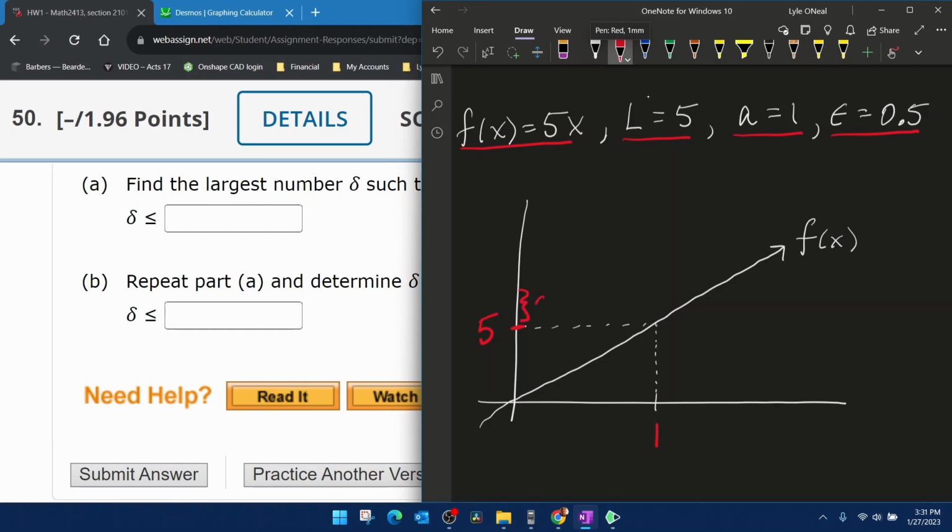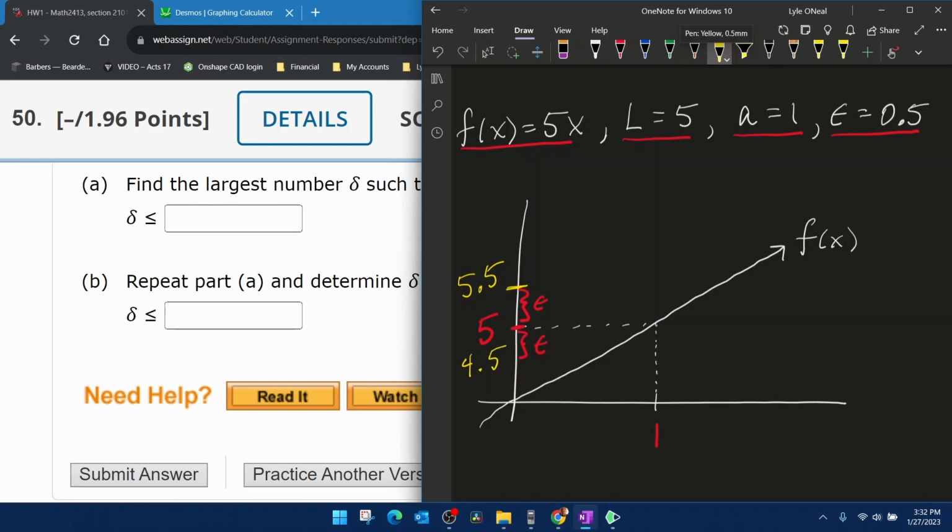This would be epsilon. Remember, that's the amount that you're allowed to deviate on either side of your limit. Making a note here, the upper limit is going to be 5 plus 0.5, or 5.5. And the lower limit is going to be 5 minus 0.5, or 4.5.